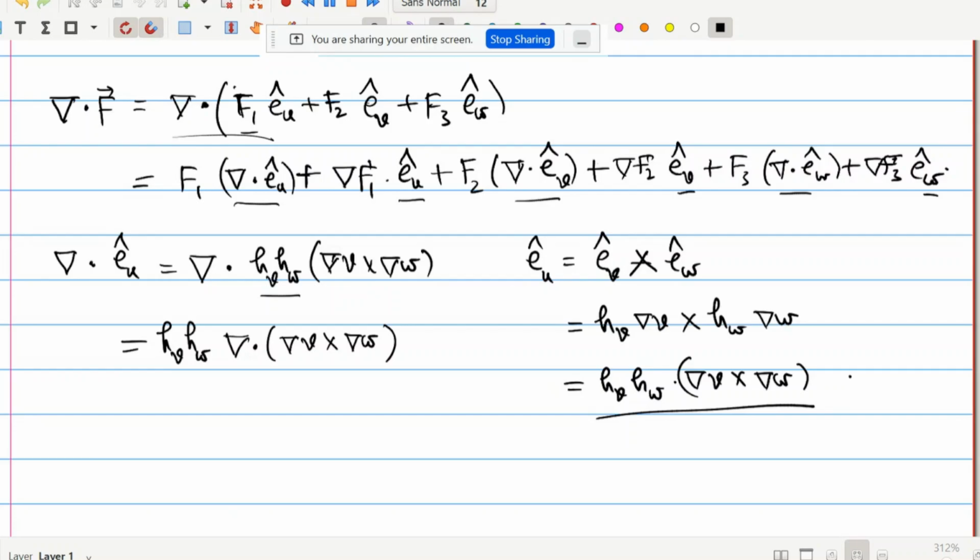Is this 0? Just calculate and tell me what it is. So this one, and then what else? What is the other one? Plus gradient of this scalar function hv hw dot product with del v cross del w.